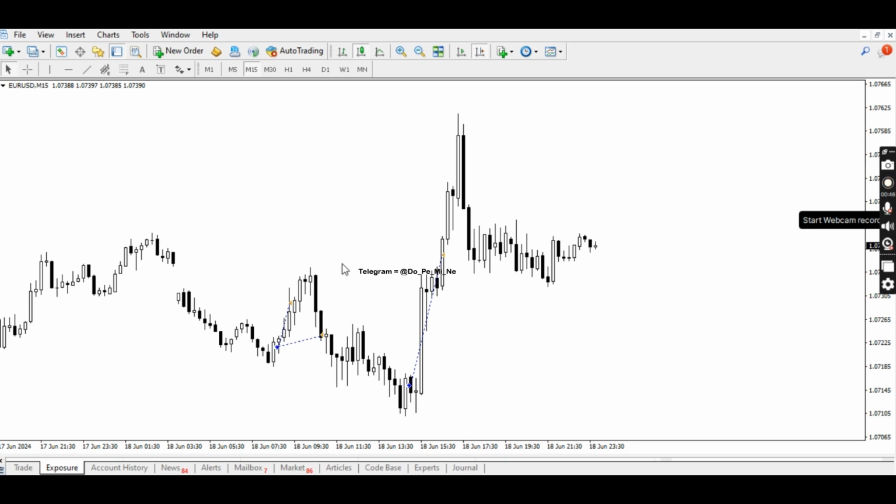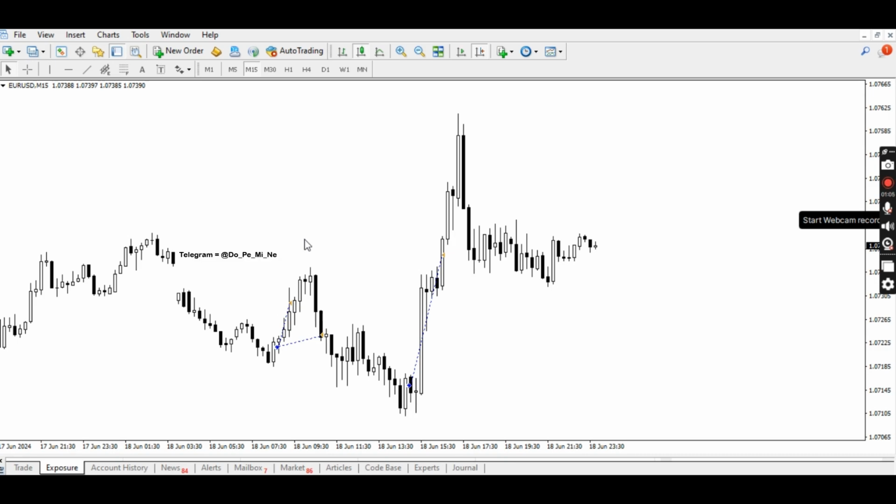And this is how, even though I was somehow wrong here with the timing, I still ended the trade with profits, and then took another trade right here, and these were two of my winning trades for the day, and ended the day in profits.